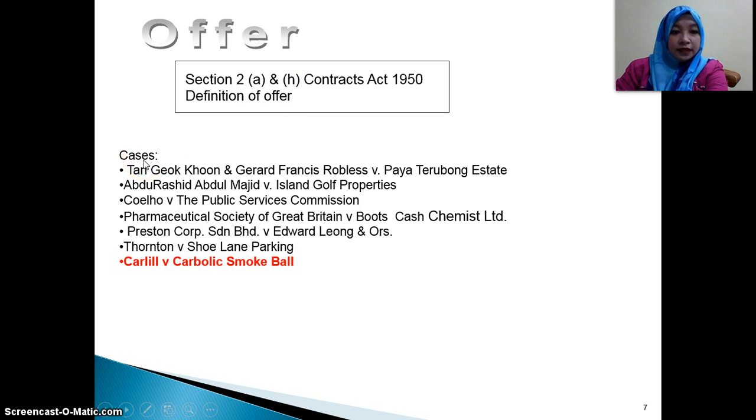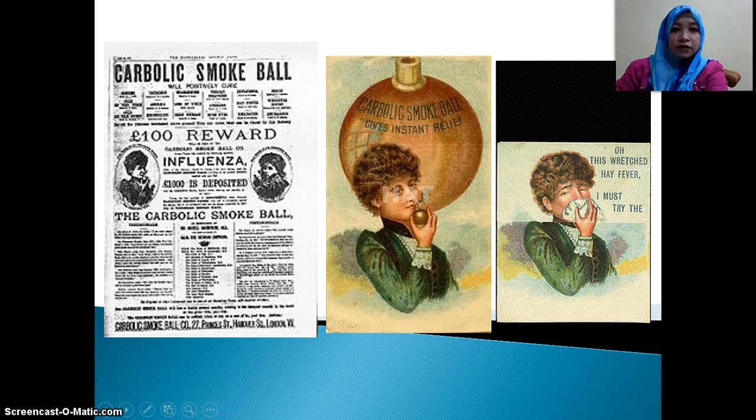Under this element of offer, there are a few cases, and for your information, we are going to focus only on the Carlill versus Carbolic Smoke Ball case. Have a look in your textbook. This is the image of the Carlill Carbolic Smoke Ball case which I have downloaded from the internet. This is the smoke ball.